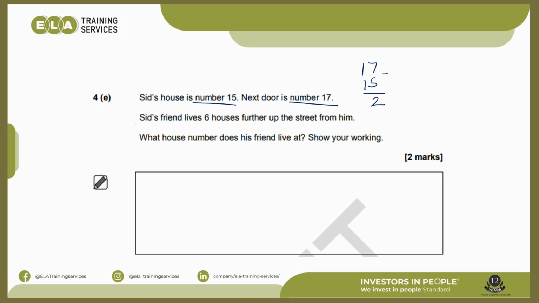Sid's friend is 6 houses further up the street from him. So Sid is number 15. Next in the sequence, plus 2 is 17. Next in the sequence is 19. Next in the sequence is 21. Next in the sequence is 23.